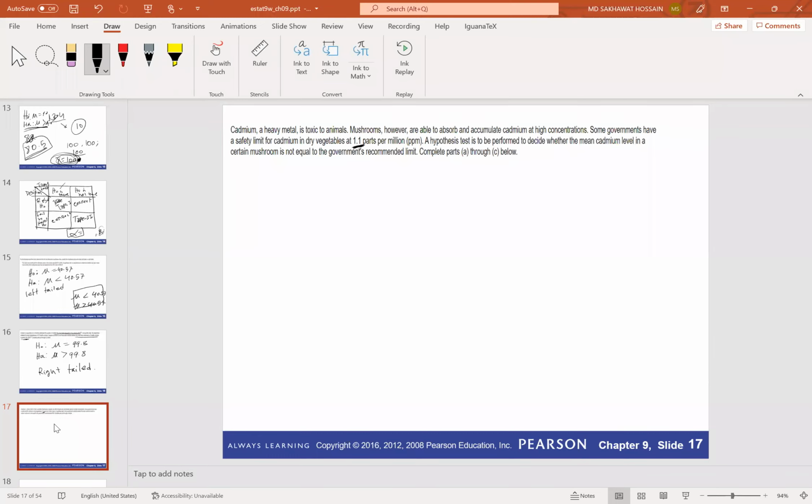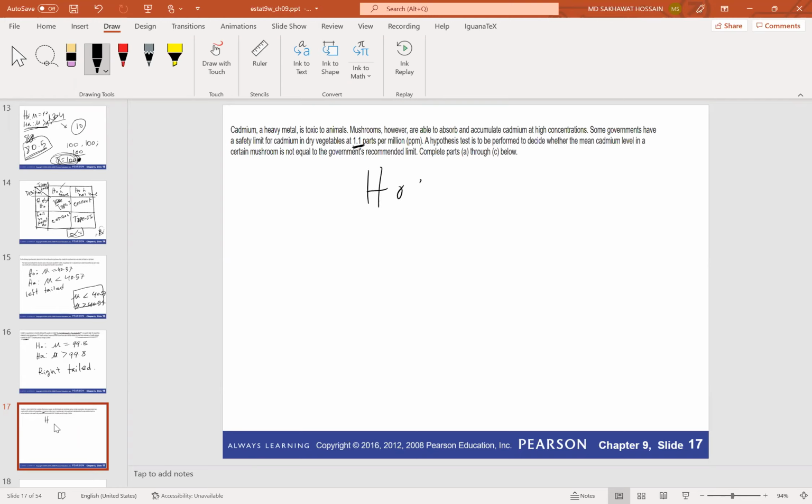A hypothesis test is to be performed to decide whether the mean cadmium level in a certain mushroom is not equal to the government's recommended limit. The government's recommended limit is 1.1 ppm.